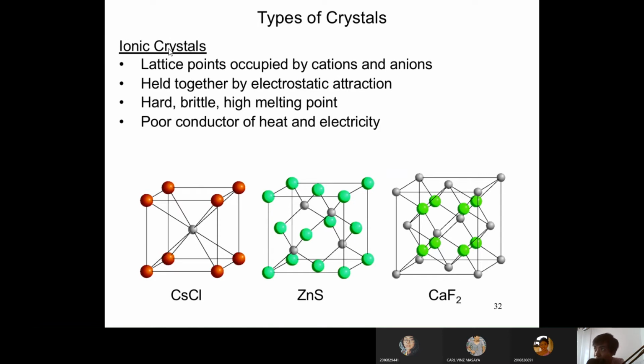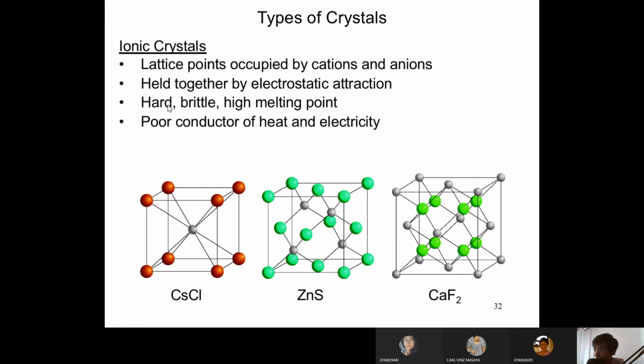So ionic crystals, ions ang nakalagay sa kanyang structure. Example niyan, asin, NaCl. Ito yung mga properties nila. They are held by electrostatic attraction kasi positive is attracted to negative.